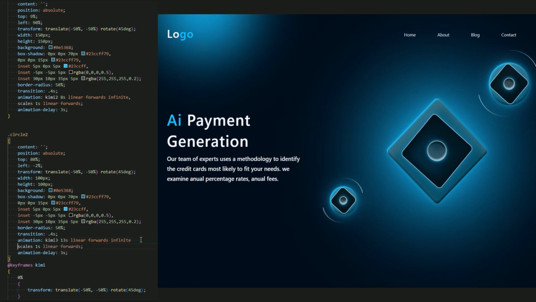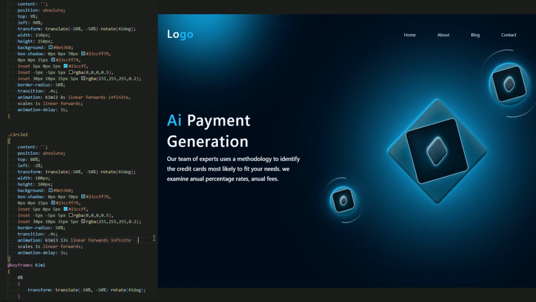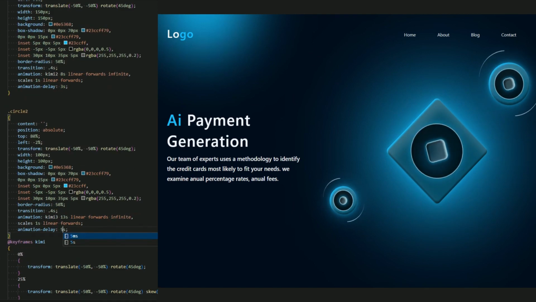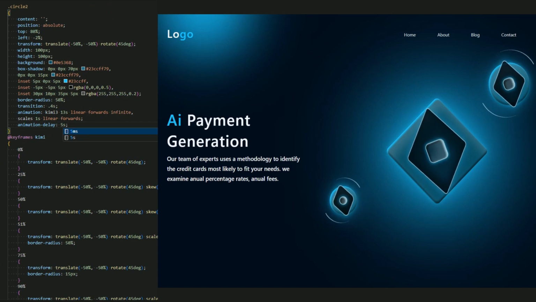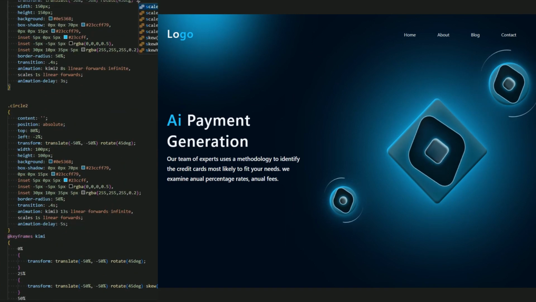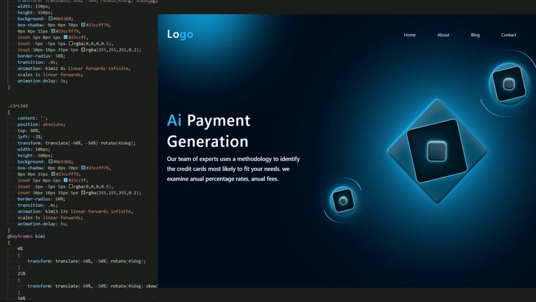Okay, yes, the animation delay of this circle too, let it be 5 seconds. Okay, now for the scale, just add this in a transform, scale 0, and for this circle scale 0 again.